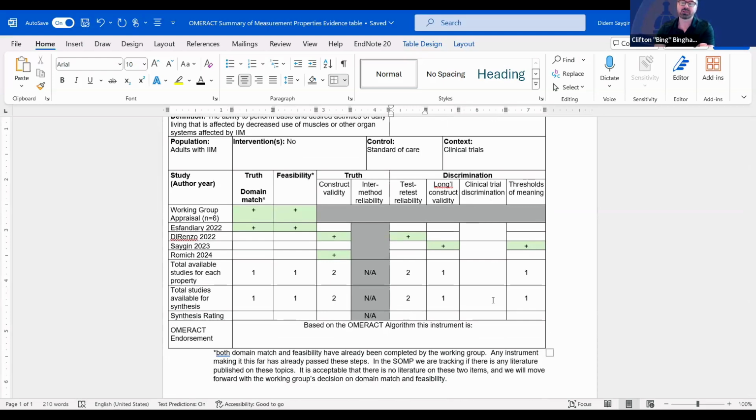Meaning, if patients had rated their change from baseline, you may be able to understand what minimally important changes are within the context of the clinical trials and the proportion of patients that were reaching those different thresholds. So it is an opportunity if you're missing, you've done the one thresholds of meaning study, but that could be integrated within a clinical trial to give you a second piece of evidence for that particular measurement property.